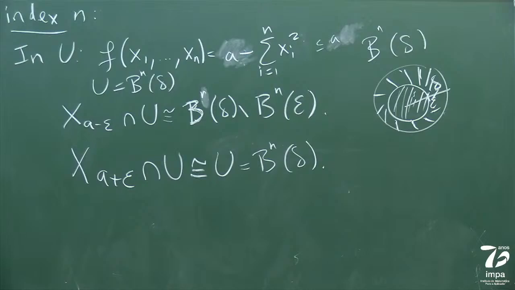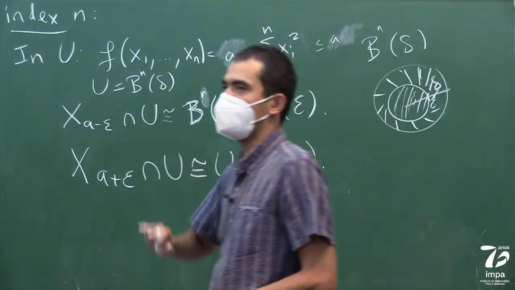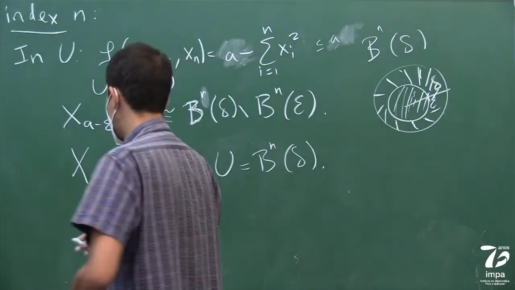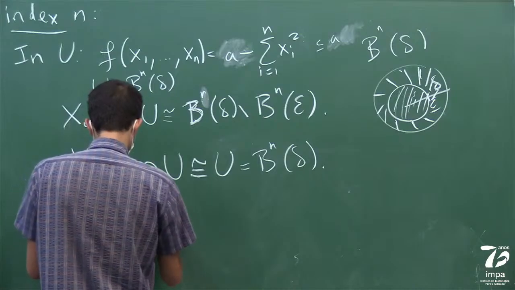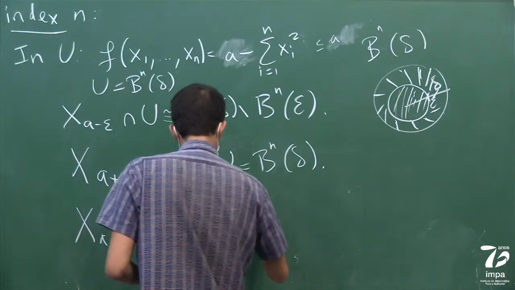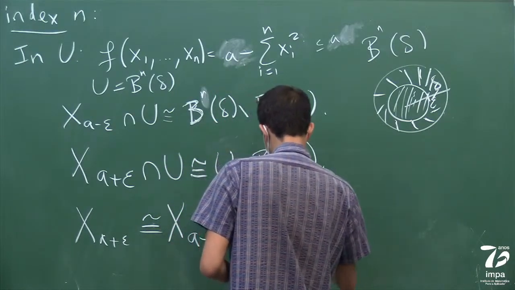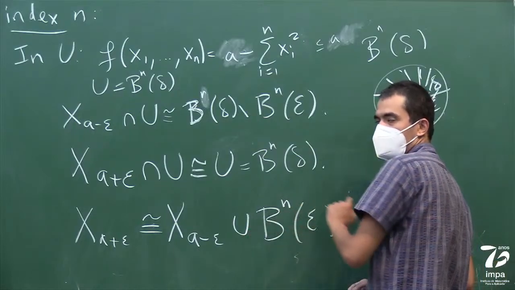And outside of this U, it's the same thing. I don't change anything. So what's happening is that my x a plus epsilon is diffeomorphic to my x a minus epsilon union some ball. But this union is no longer a disjoint union.